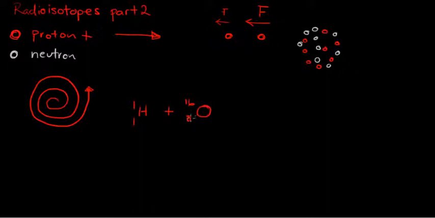This is oxygen, atomic number of 8, mass number of 16. We end up with a nitrogen and a helium nucleus, or the alpha particle.